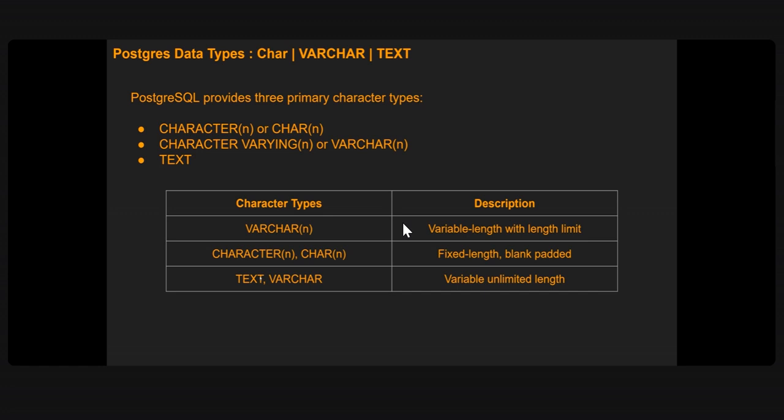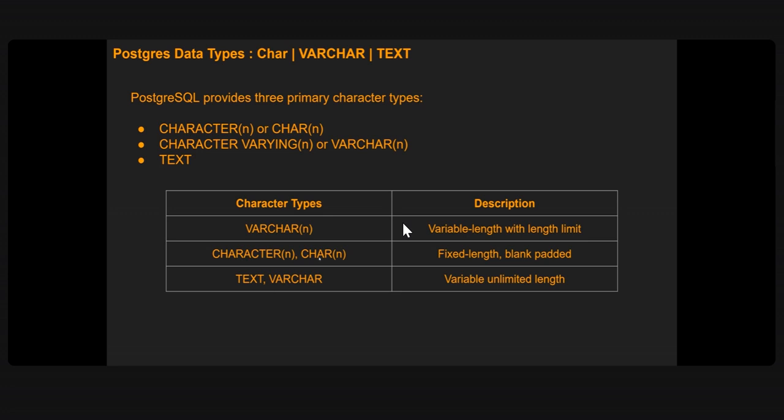If you mention text only or varchar, you get variable unlimited length. You never know if someone has a lengthier name, say the entire name is taking like 35 characters, then you can just declare it as varchar.